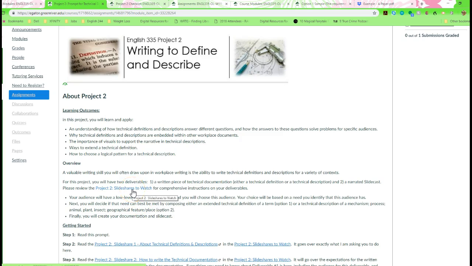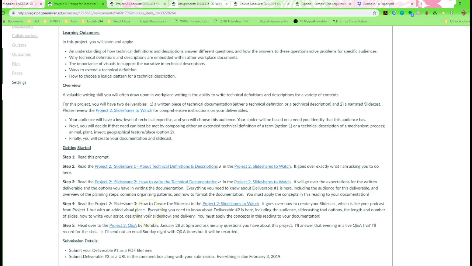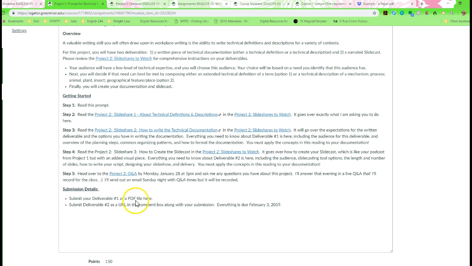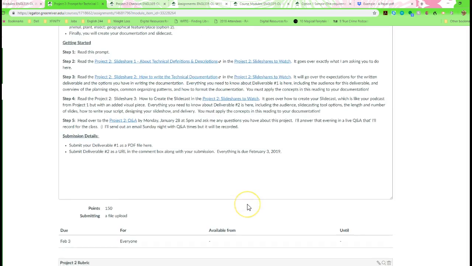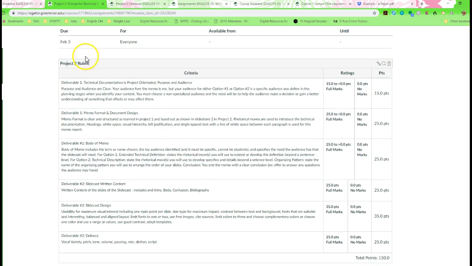So the slide shares. I'm going to go over these getting started. These are what you do. Read this prompt. Read slide share number 1, slide share number 2, slide share number 3, the Q&A. Submission details, turn in everything by February 3rd. Now, look below. There is a broken down rubric here with the points broken down.